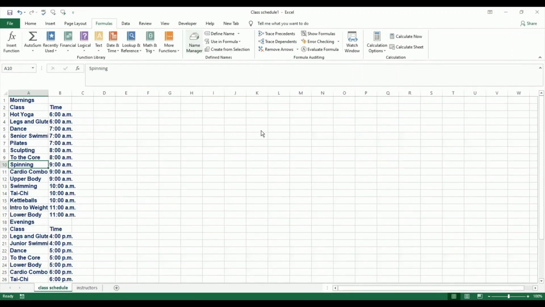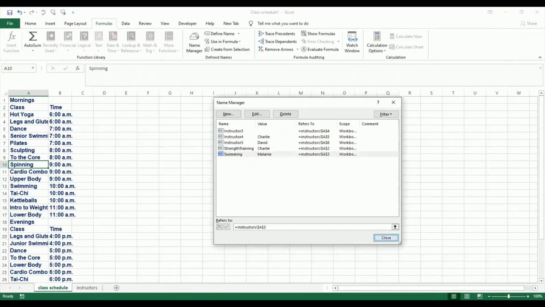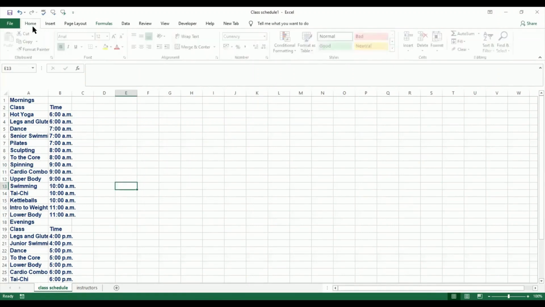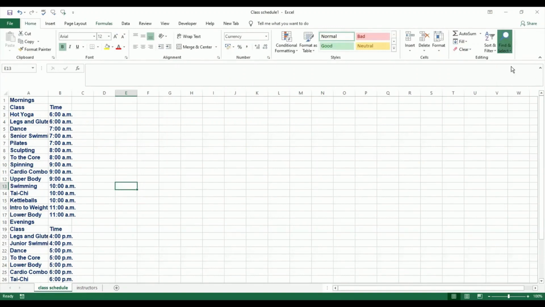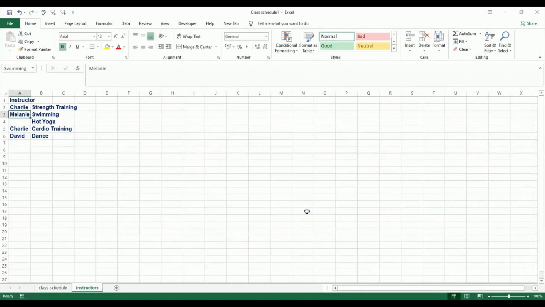So I will just go here and say instructor 2 is swimming. Now see the fun when I do my search. Now when a person comes to me and says, by the way, I'm interested in swimming, can I know who's going to be training me? I'll just do this. Go to swimming. No need to do instructor 1, 2, 3. Forget about that. What did I need? Swimming. And I'd say, okay. And there it is. Today, this lady is teaching you swimming. Done.